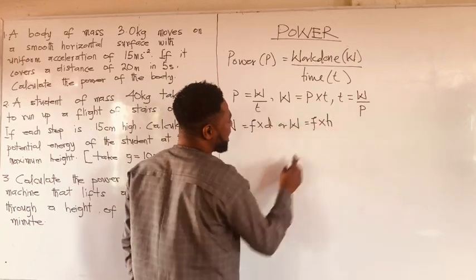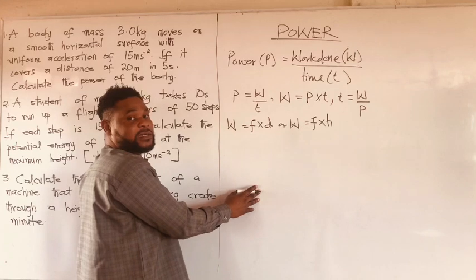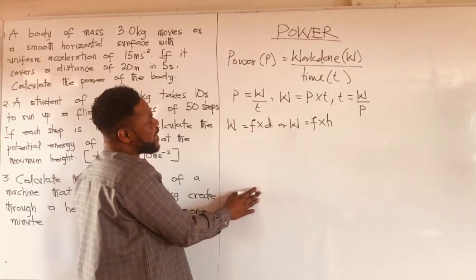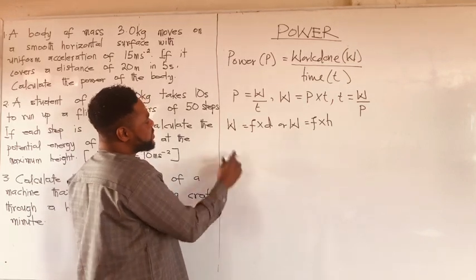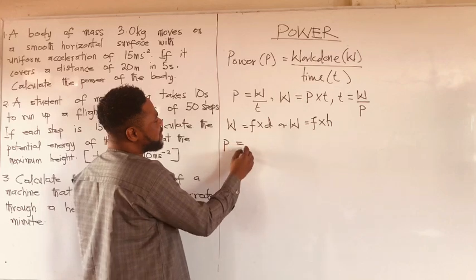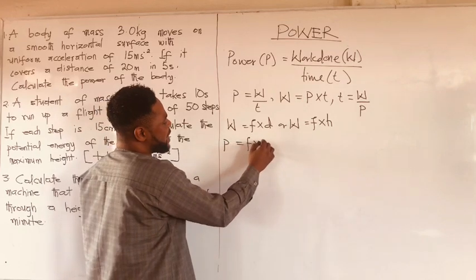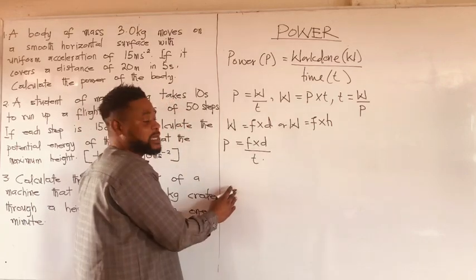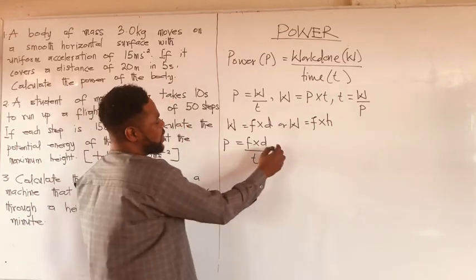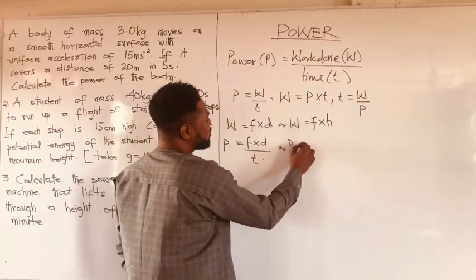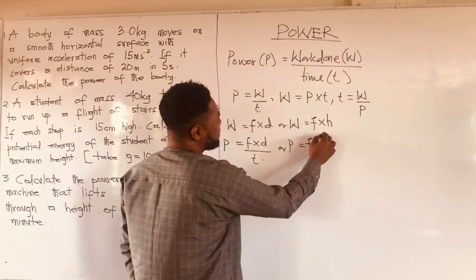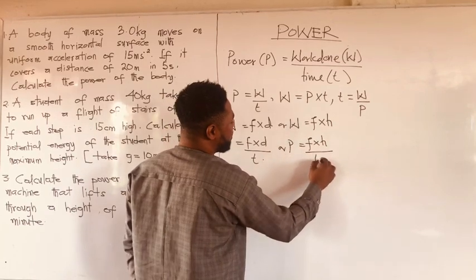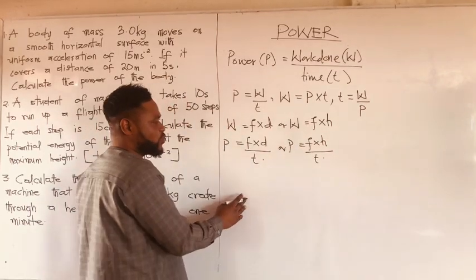So force times height, as you can see here. In that case, we can deduce another formula for power as force times distance all over time taken. Or we can also say power should be equal to force times height all over time, as we can see.